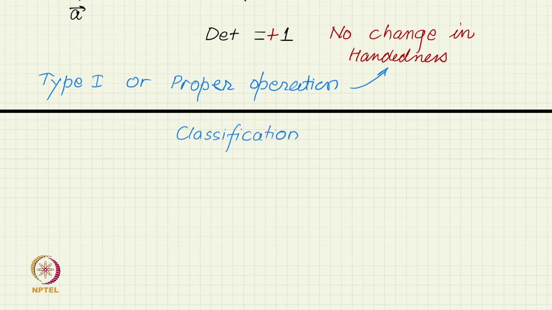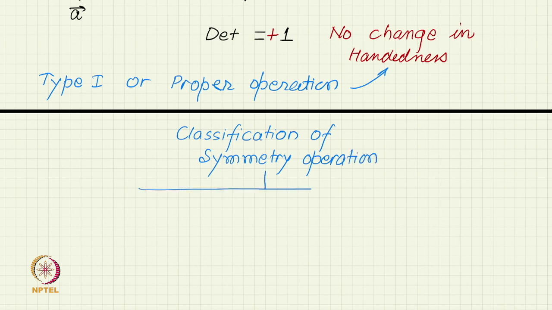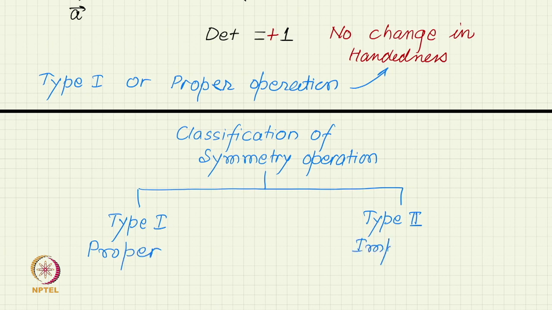This is one classification of symmetry operation: type 1, type 2. Proper, improper.